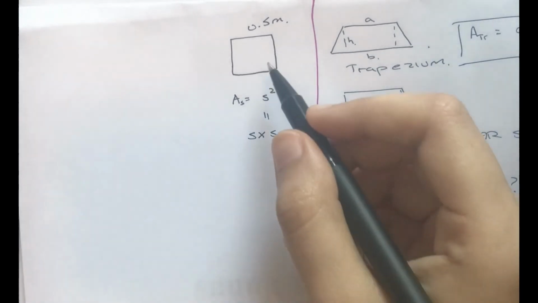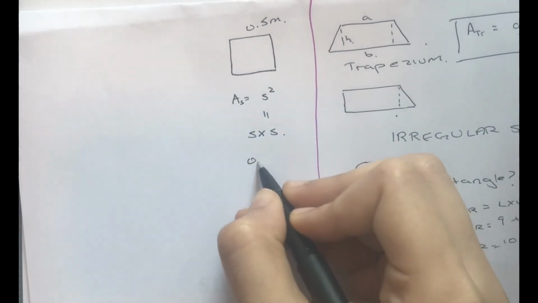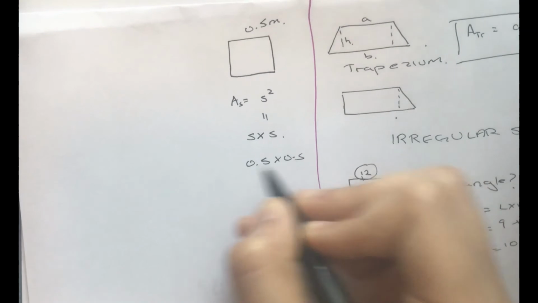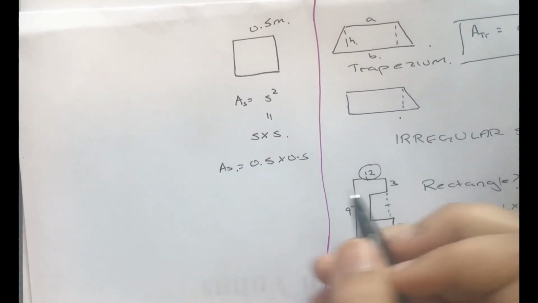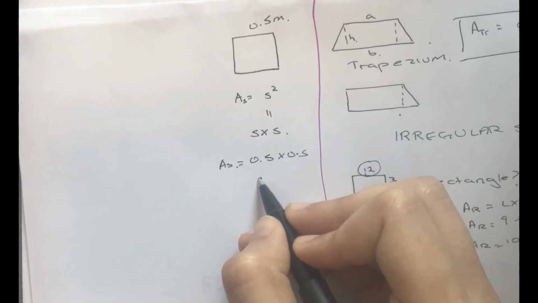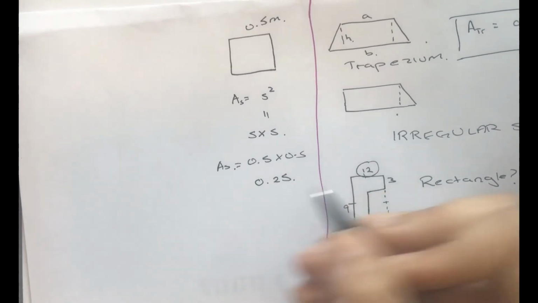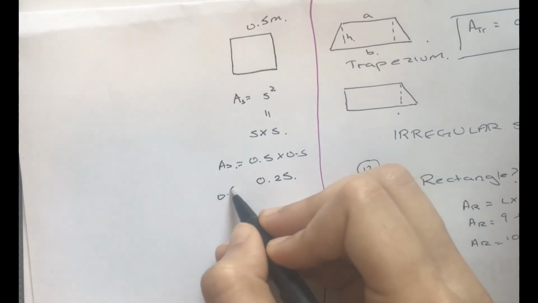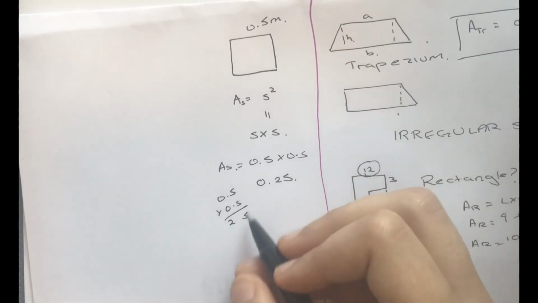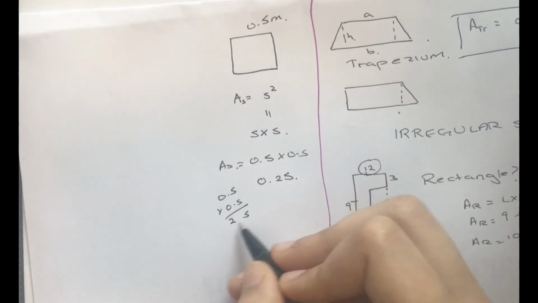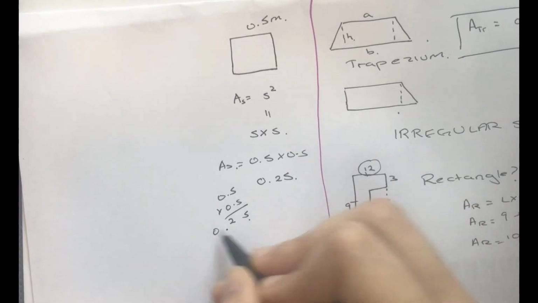So now you have side times side. You know the side is 0.5, so you just substitute: area of the square is 0.5 times 0.5, easy peasy, 0.25. Just for your help, 0.5 times 0.5: 5 times 5 is 25. Because there are two decimal places, you count 1, 2, and you put a decimal point here, so it's going to be 0.25.